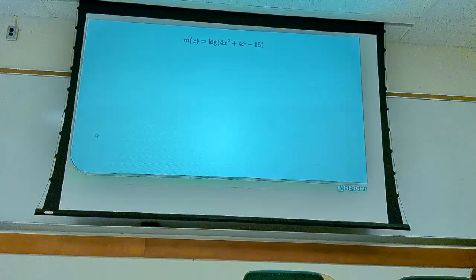How are we going to approach this? AC method. Well, first, you have to do 4x squared plus 4x minus 15 is greater than 0.